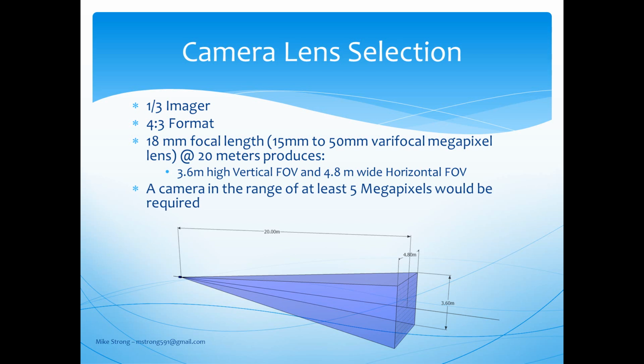Given the requirement for 500 pixels per meter that we had before, plug all those numbers in the calculations, you find out that a camera in the range of at least 5 megapixels would be required.